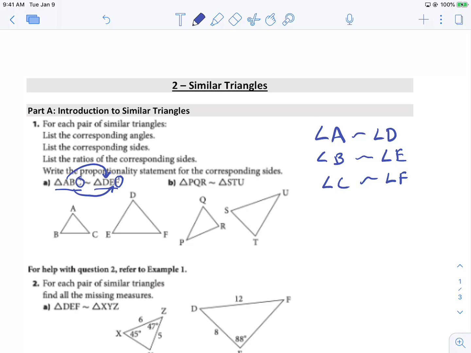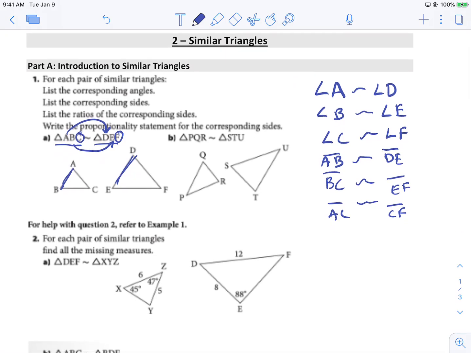Okay, so the corresponding sides. That means this side is going to be similar to this side. So we have AB is similar to DE, BC is similar to EF, and AC is similar to DF. So the ratios of the corresponding sides. This is another easy one.